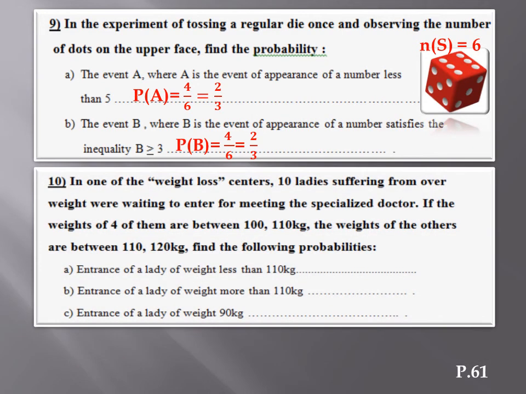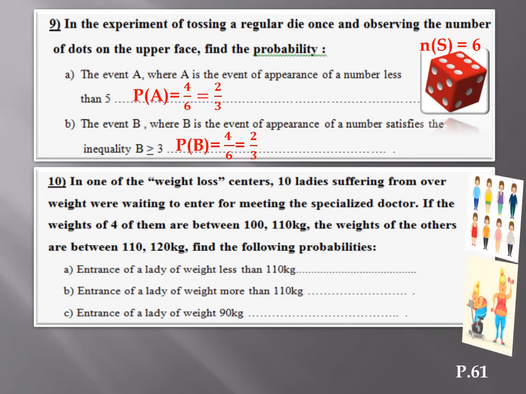In one of the weight loss centers, 10 ladies suffering from overweight were waiting to enter to meet the specialized doctor. If the weights of 4 of them are between 100 and 110 kilograms, the weights of the others are between 110 and 120 kilograms. Find the following probabilities. The number of the sample space will equal 10 ladies.